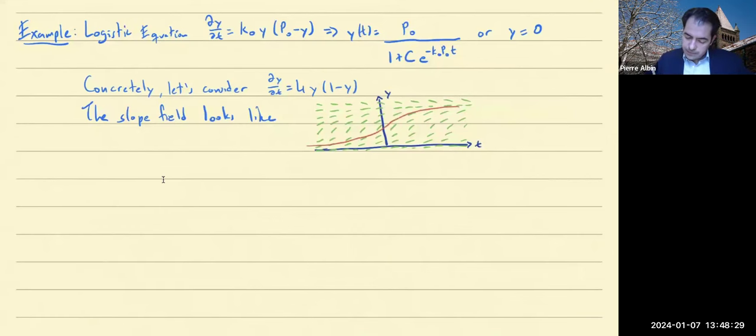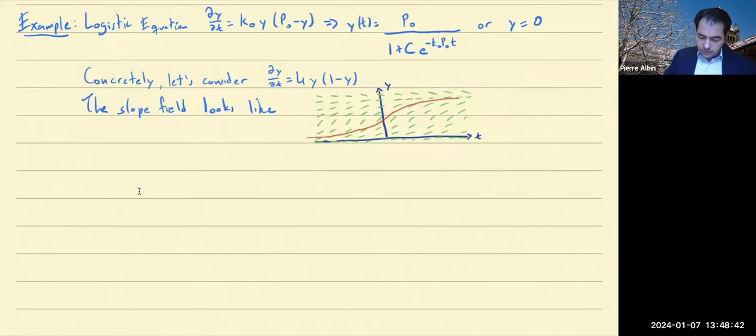Right, so this sort of behavior is used a lot in modeling. Let's write down some of our observations. Right, the slope is positive if y is in between 0 and 1 and negative otherwise.